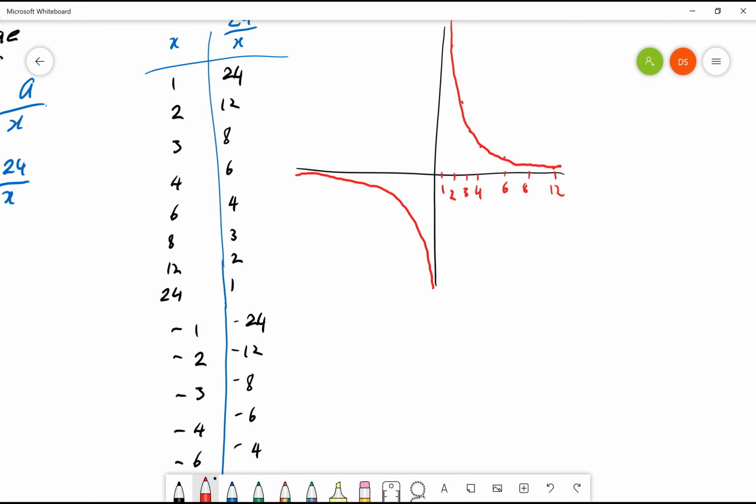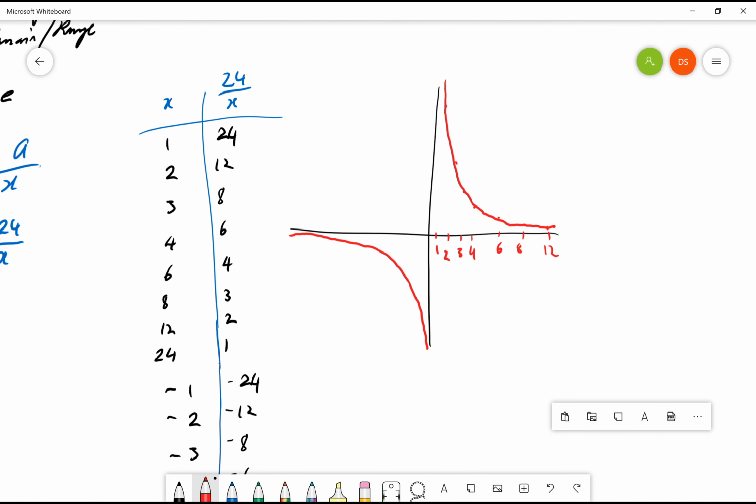And so I have a graph that looks like this. And so hyperbolas, this is really hard for me to draw on a computer.